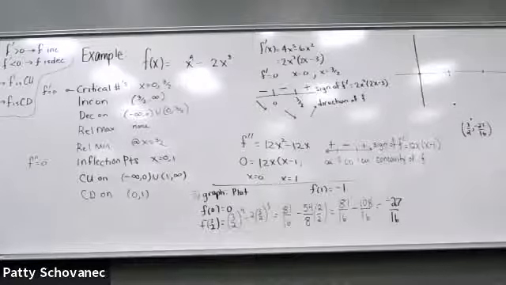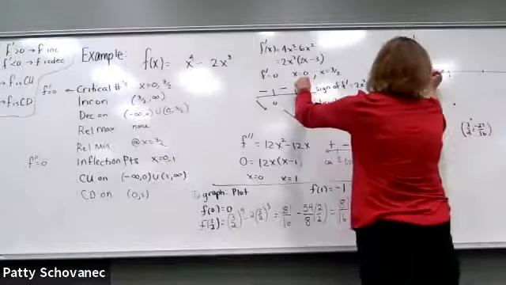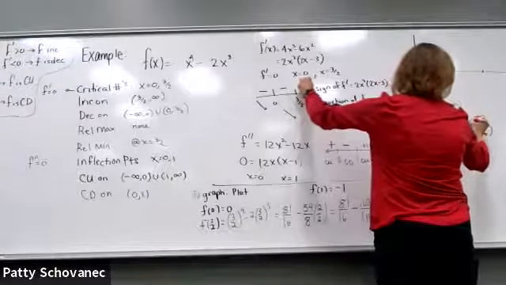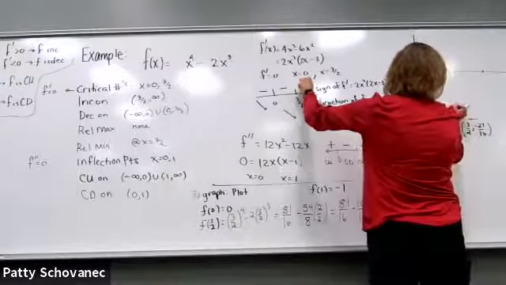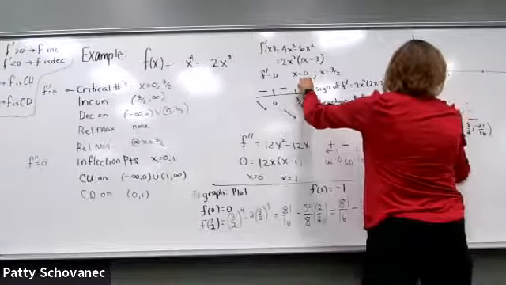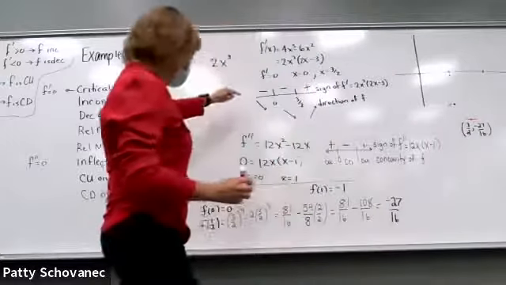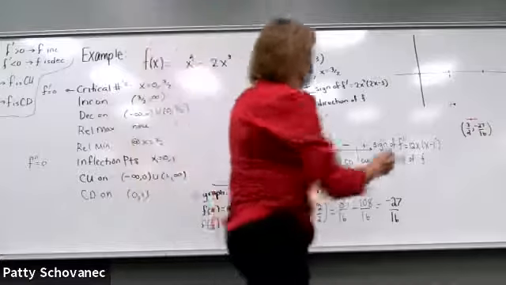Okay, so now we had a horizontal tangent line when x was 0. We had a horizontal tangent line here. This was just an inflection point. We have our graph going down, down, up.